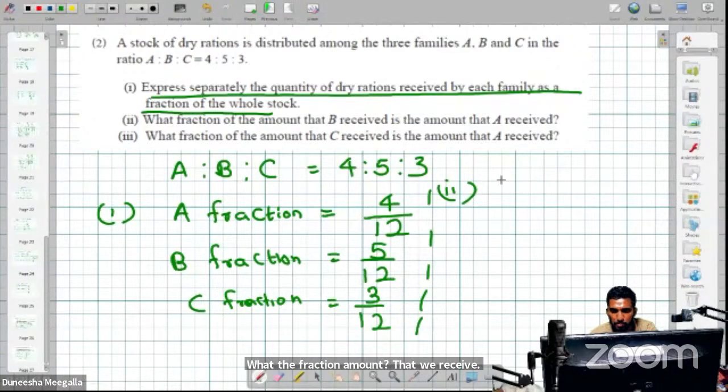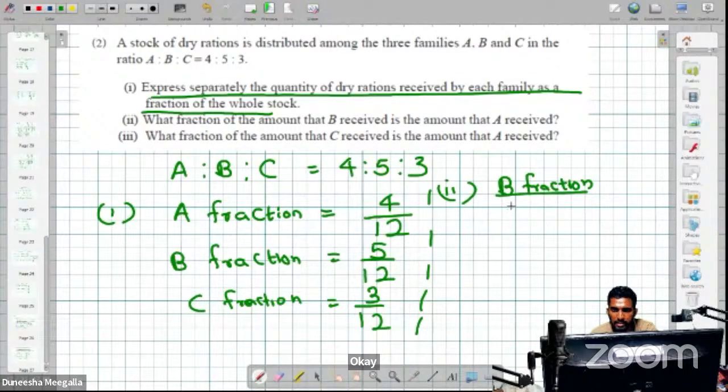B is the numerator. B fraction is the numerator. Then A received, A fraction. Then what is the fraction of A?